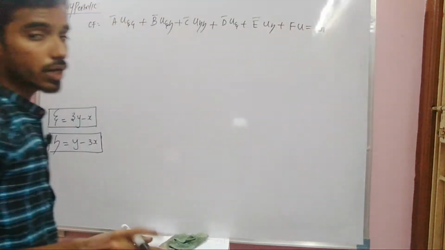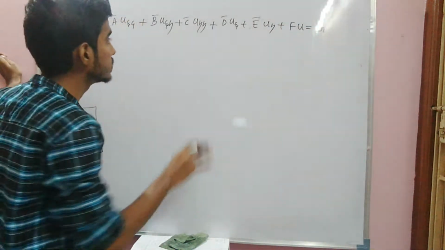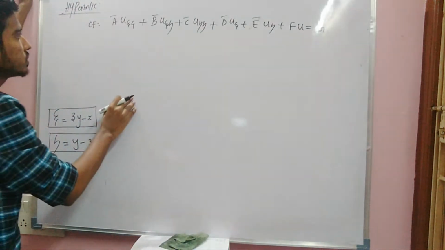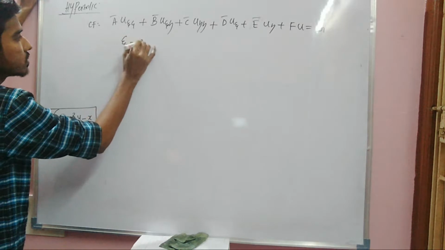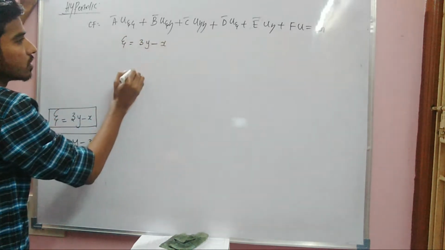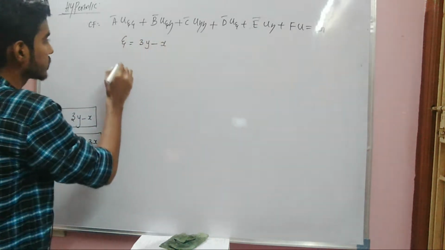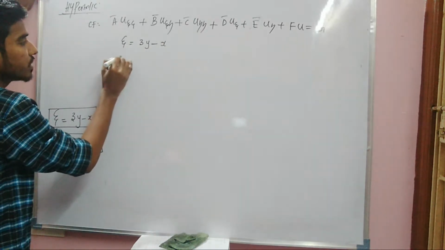There will be no bar for f and g, and there is no formula for f and g. Before that, we have theta is equal to 3y minus x, right? You will find all the possible derivatives for this.